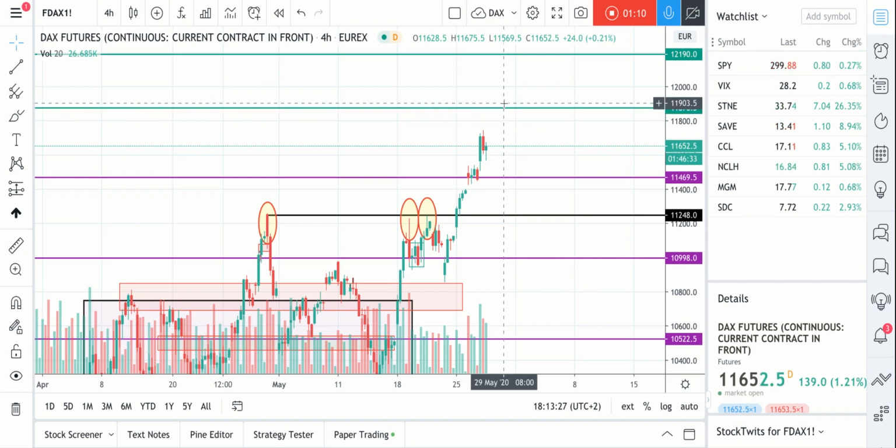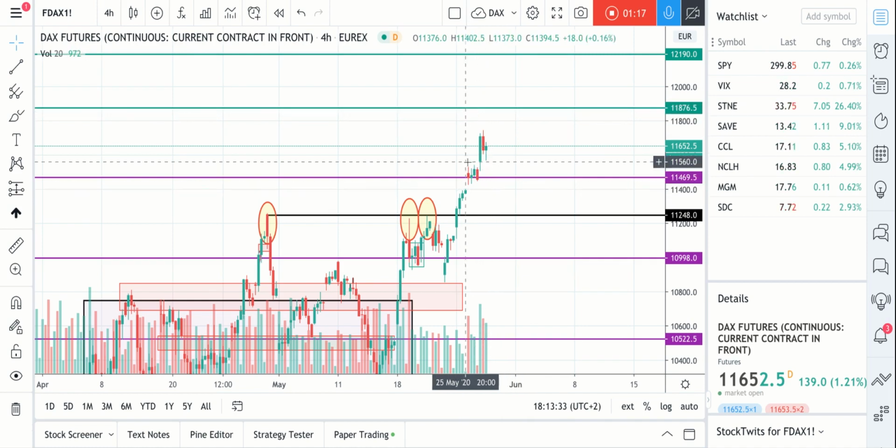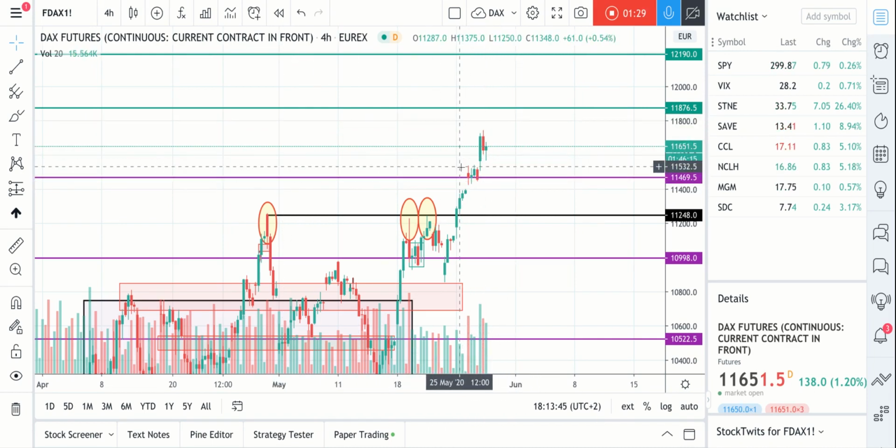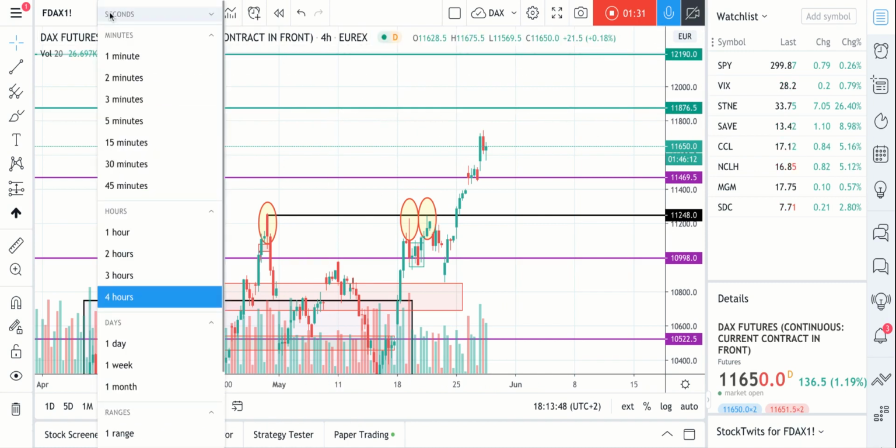Here is quite a strong resistance, so here the price may stop for a while. Yesterday was quite a lazy day. Market wasn't moving very much, but today's open was a little bit higher than the high of the previous session.